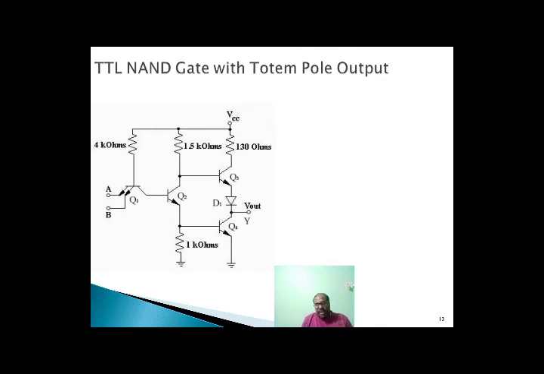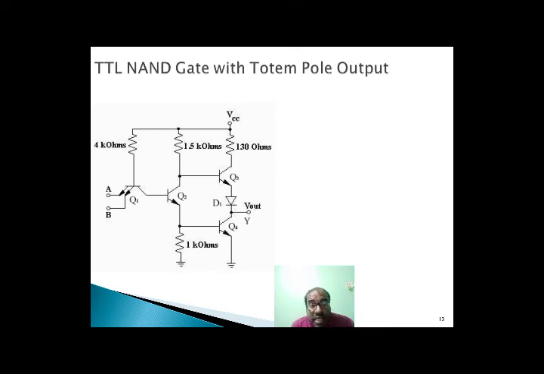At the same time, the emitter of Q2 is at ground potential, keeping Q4 off. Note that this is the same operation when both inputs are low, or when any one of the inputs is low.